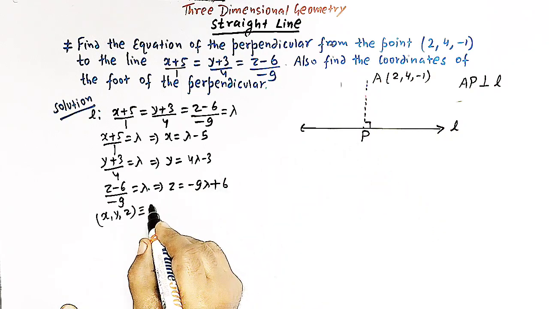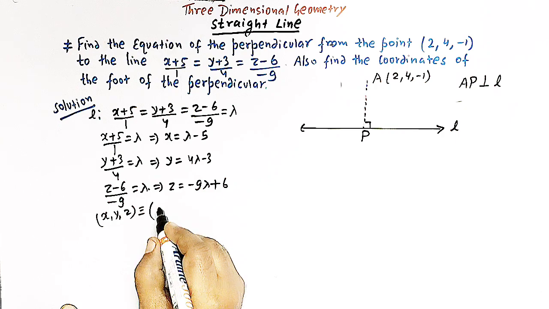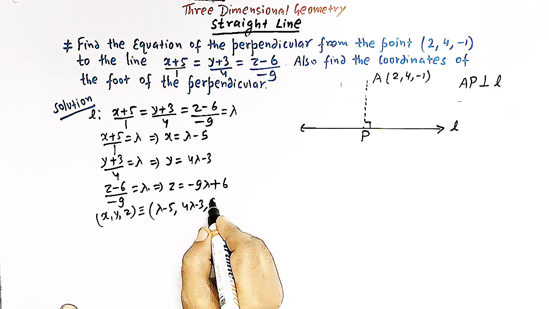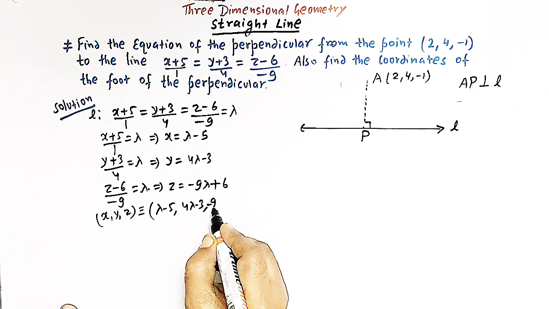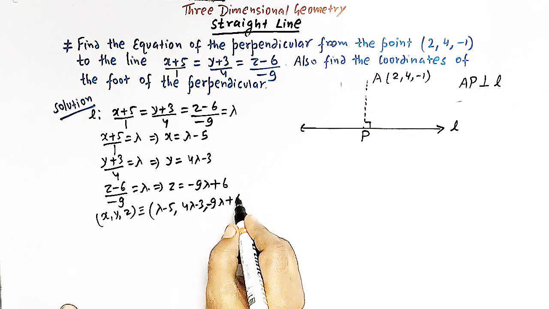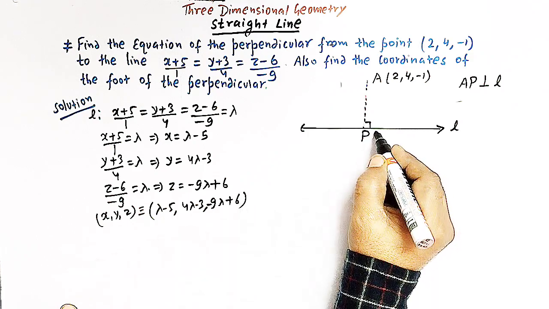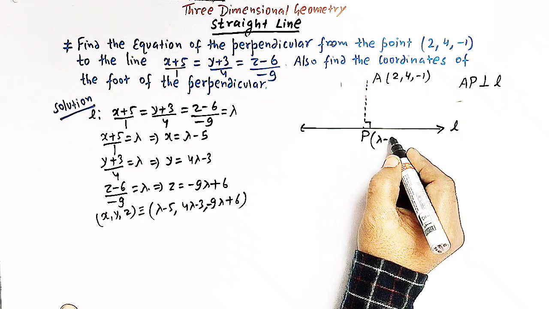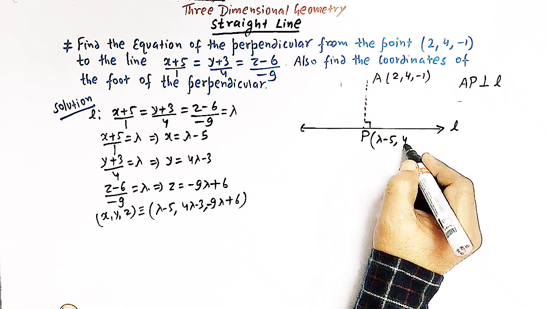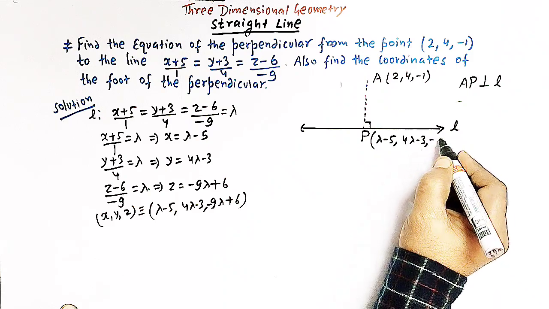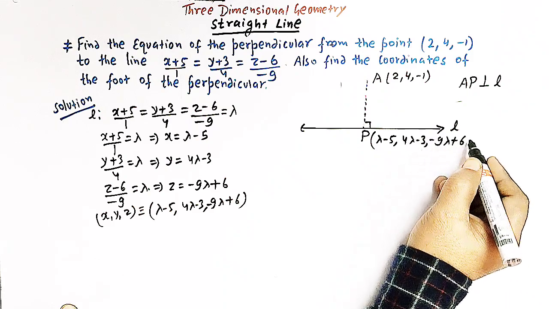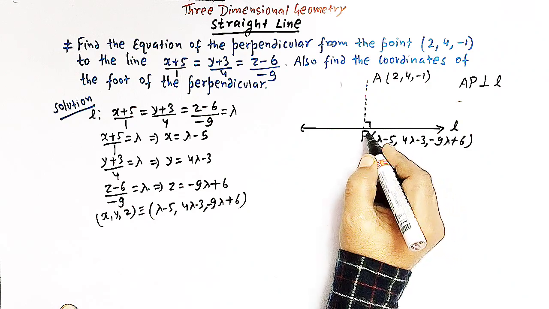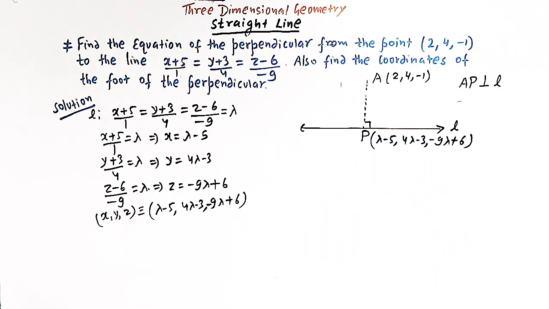So x, y, z are given by lambda minus 5, 4 lambda minus 3, and minus 9 lambda plus 6. So here we can now write the coordinates of point P as lambda minus 5, 4 lambda minus 3, and minus 9 lambda plus 6. For some particular value of lambda, we can have the coordinates of the point P.